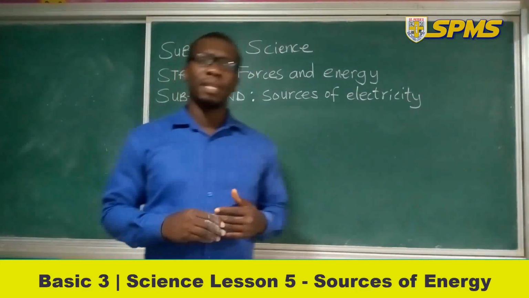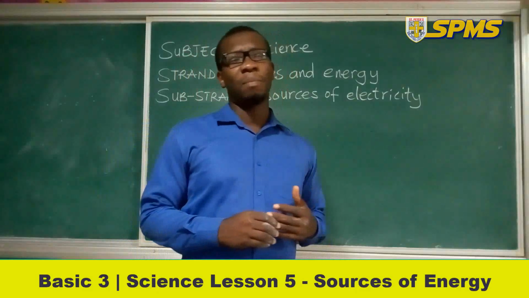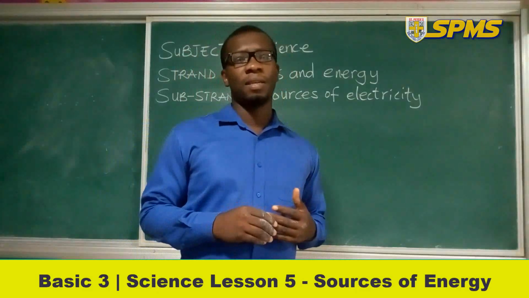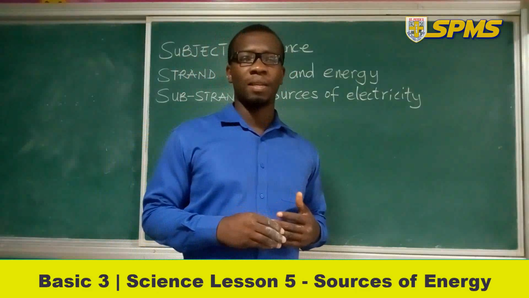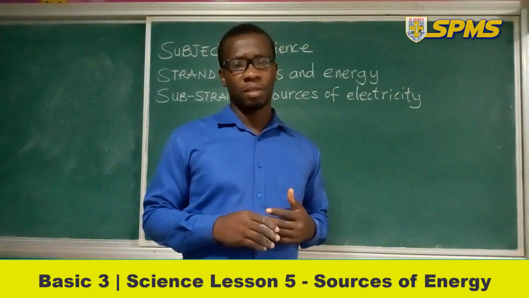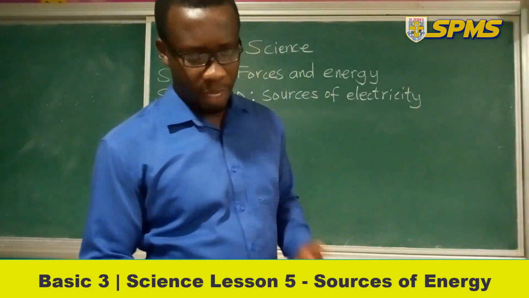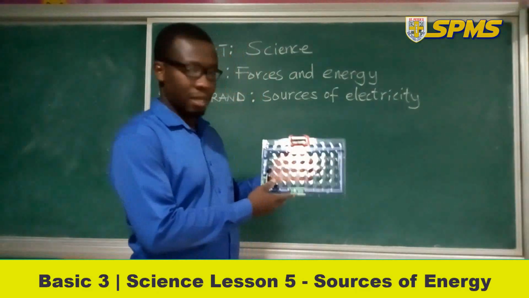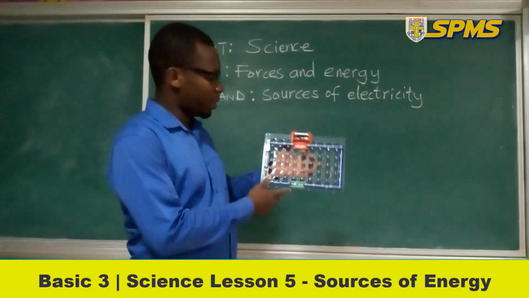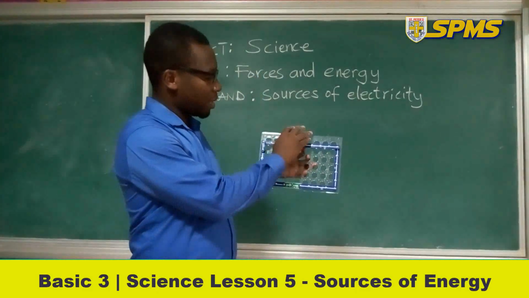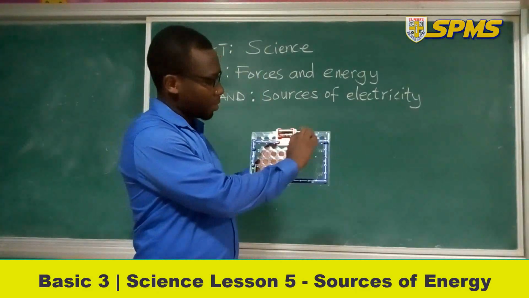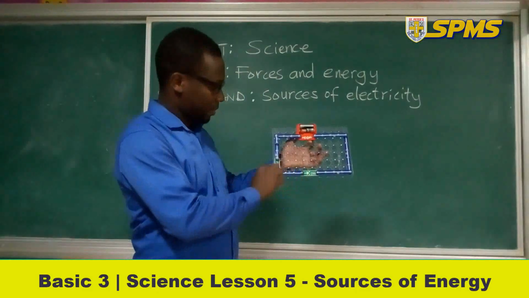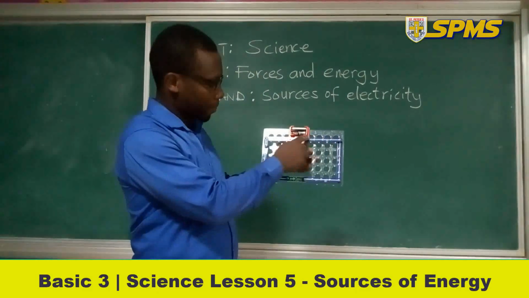In our previous lesson, we learned about electricity and how it works in an electronic circuit. So, I have here a simple electronic circuit which was built out of the battery, the wires, as you can see.